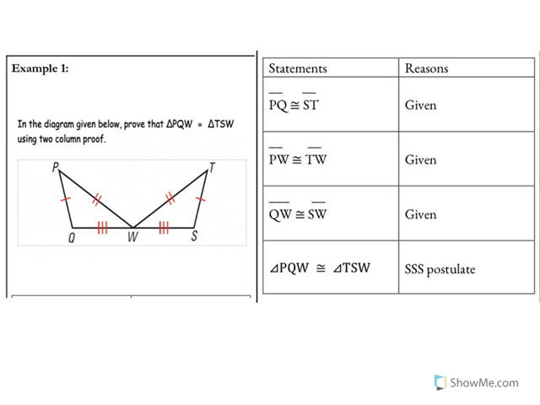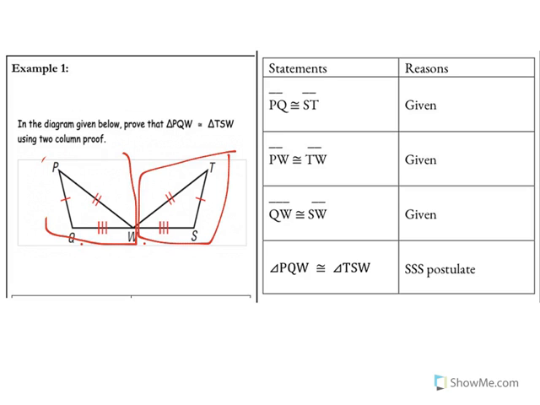Let's look at an example. All right, so in example 1, in the diagram given below, prove that triangle PQW is this triangle here. And I know that because here's the P, here's the Q, here's the W. Prove that it's congruent to triangle TSW, this triangle here.